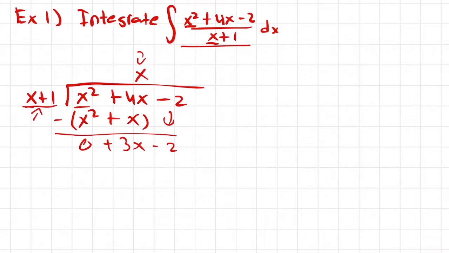Now I need to find a number that multiplies with x to give me 3x. In this case, that number would be positive 3. So we multiply 3 by x plus 1. 3 times x is 3x, and 3 times 1 is positive 3.